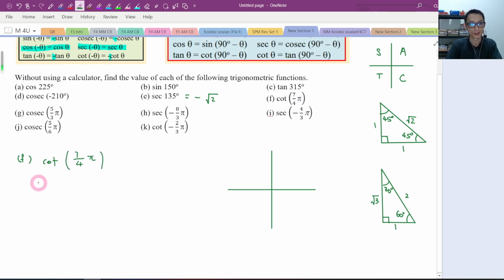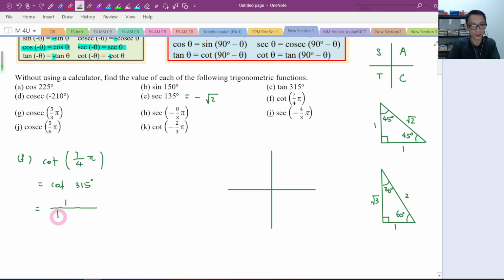So as I told you, how do we convert it to degree? A faster way, we just assume the pi is 180. Just press your calculator, 7/4 times 180. So you get 315 degree. Okay, the next step is just do as what we did just now.